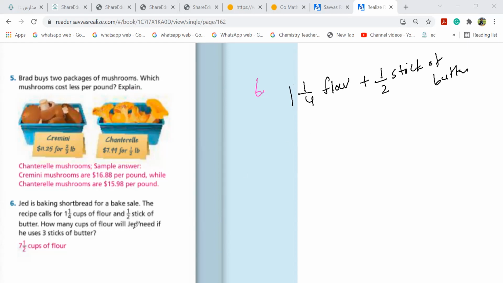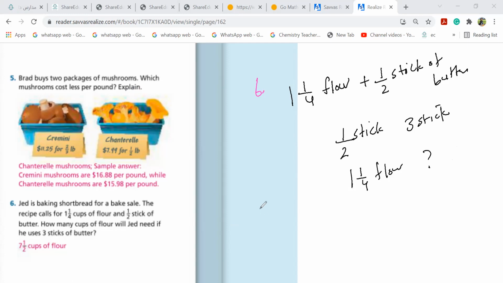How many cups of flour should we need if we use 3 sticks of butter? So simple. Half a stick needs 1/4 cup. So 3 sticks need how much flour?